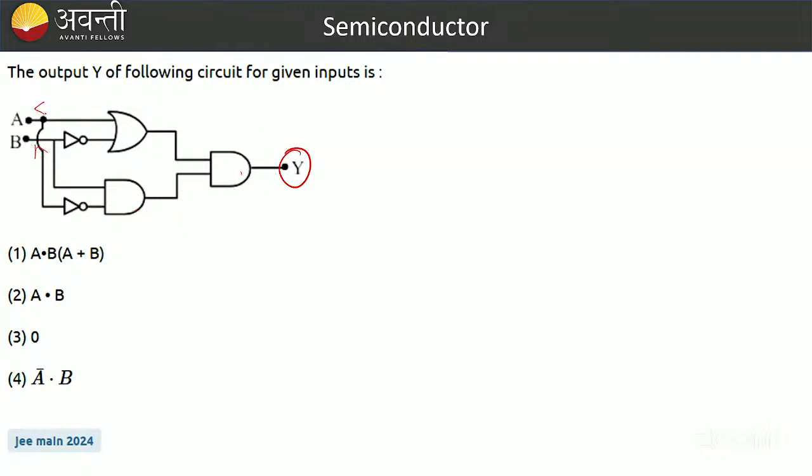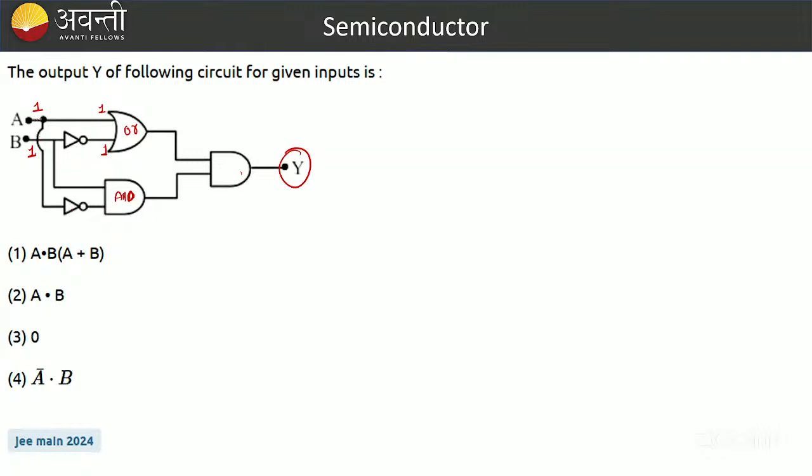Now, we know that if we provide 1 and 1, both at A and B, one will travel at this end and one will also travel at this end. And this is nothing but the OR gate and this is nothing but the AND gate. This is NOT, this is NOT.